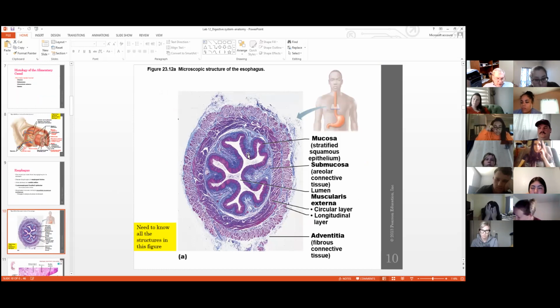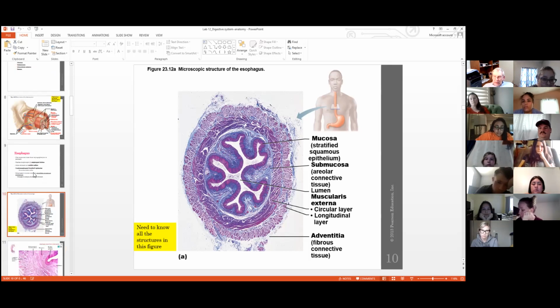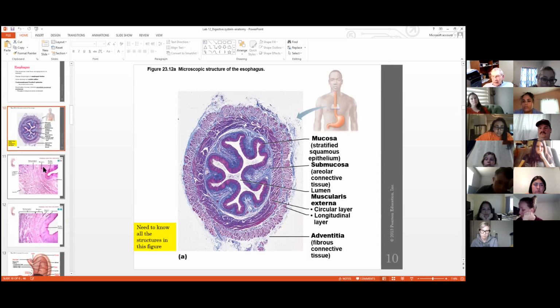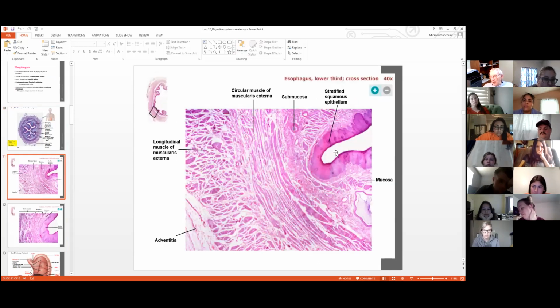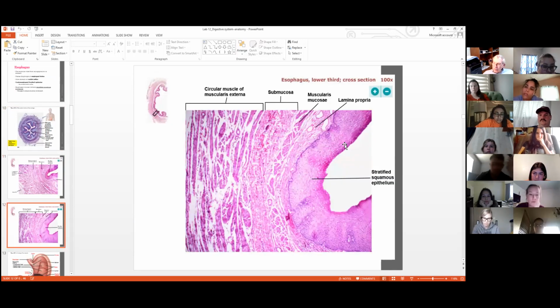So I'm not sure this picture is necessarily going to be something that we would look at, but as we talk about these layers, certainly when we get to something like this or this, we need to be able to recognize the layers of muscle, the layers of submucosa, and then the layer of the epithelium itself.